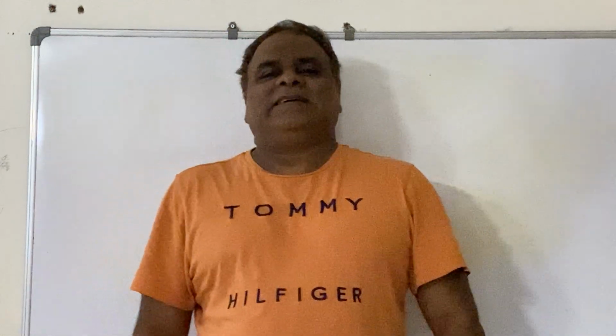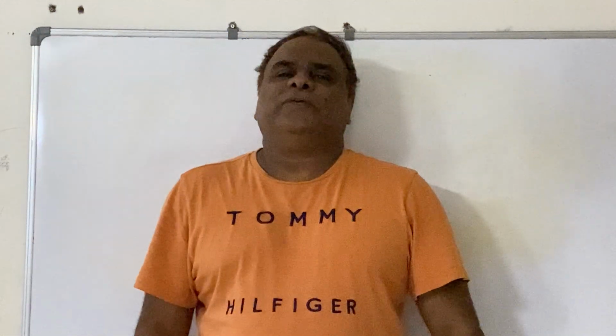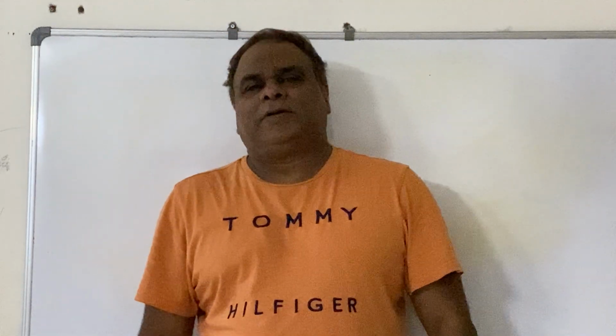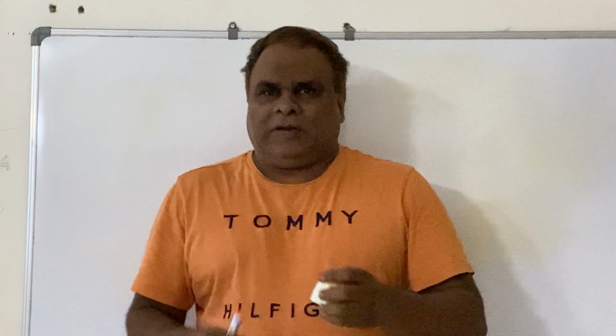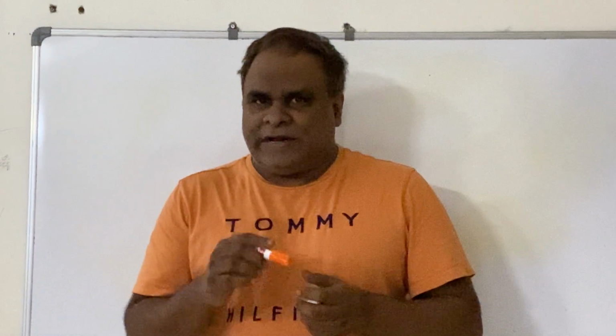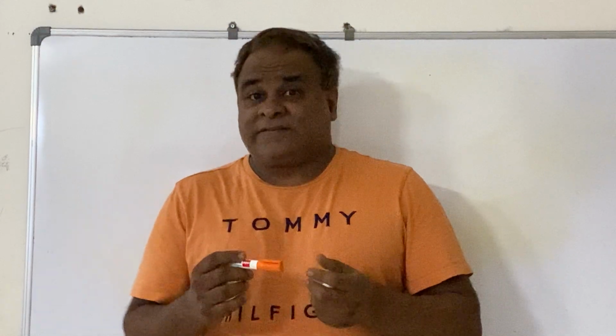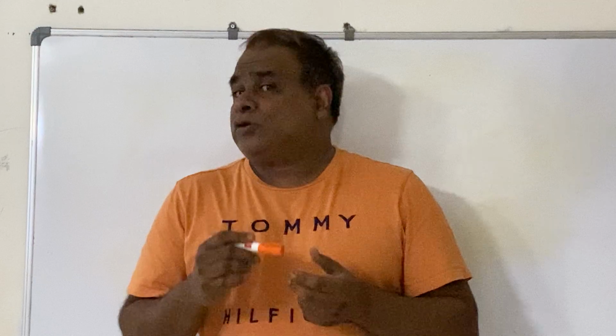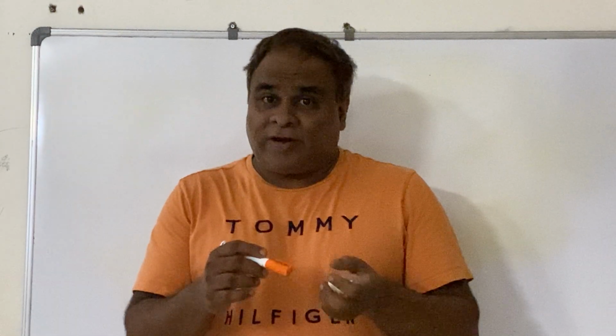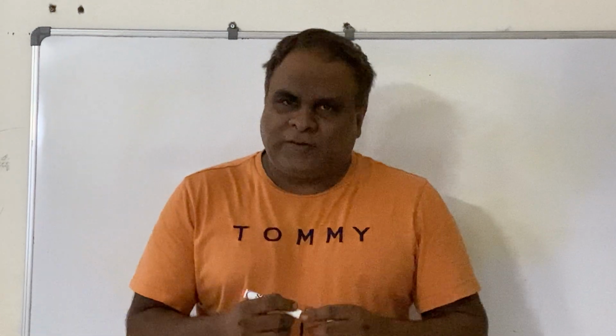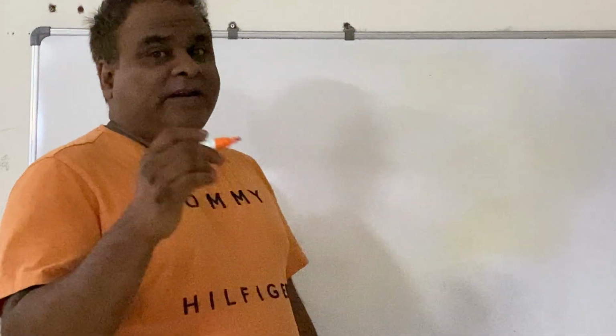Let us start. In the last video, we discussed the parallelogram law of addition of vectors. One important point we discussed is that we use the parallelogram law if the vectors are not in order, and the triangular law if the vectors are in order.